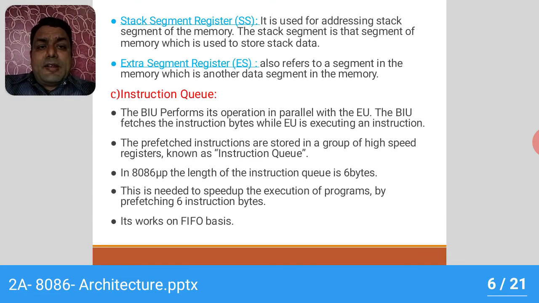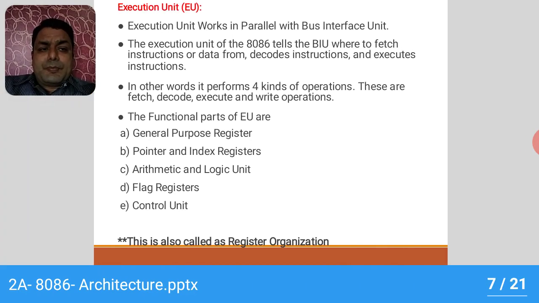Again, we have the instruction queue. The BIU performs its operation in parallel with the EU. So the BIU fetches the instruction bytes while the EU is executing an instruction. It works on a FIFO basis, first in, first out.